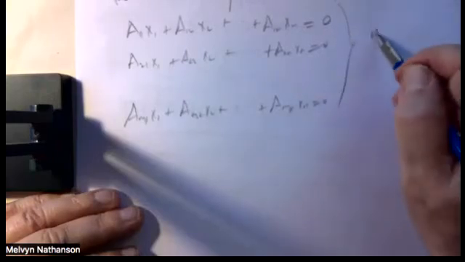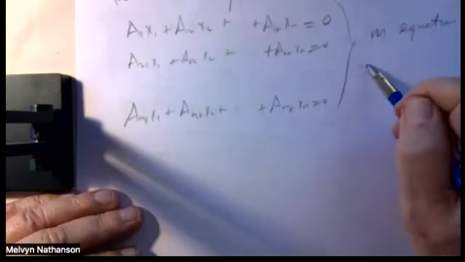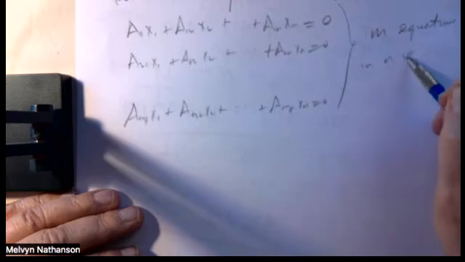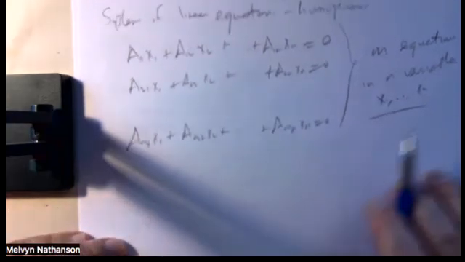So what we have are m equations in n variables, x1 up to xn. And a system of equations that's homogeneous always has the trivial solution.